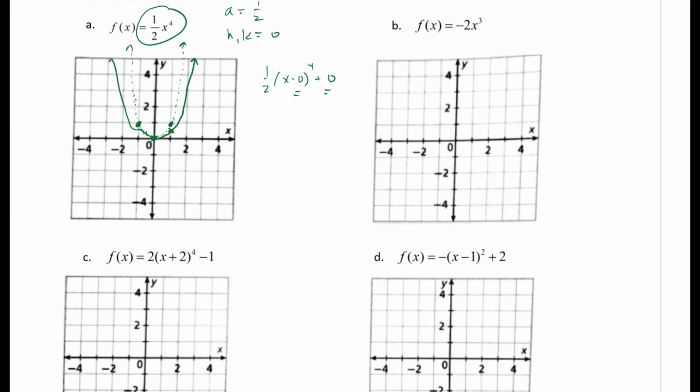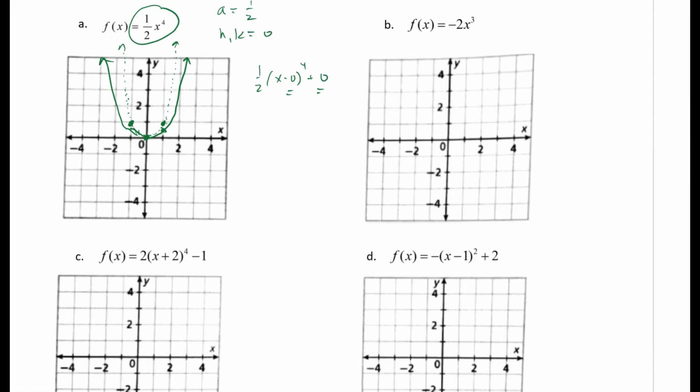And that's really all I'm trying to make sure you get here, is that the actual function f of x is below the parent function because of that vertical shrink of 0.5.